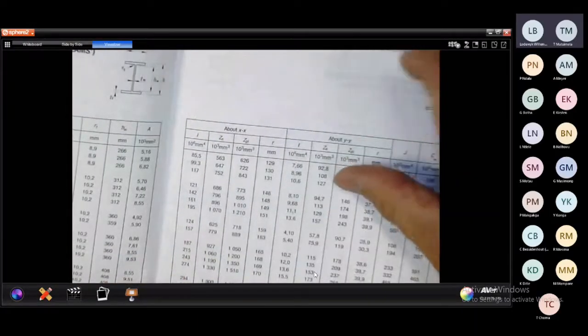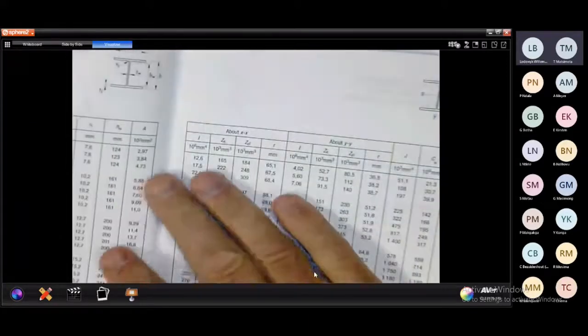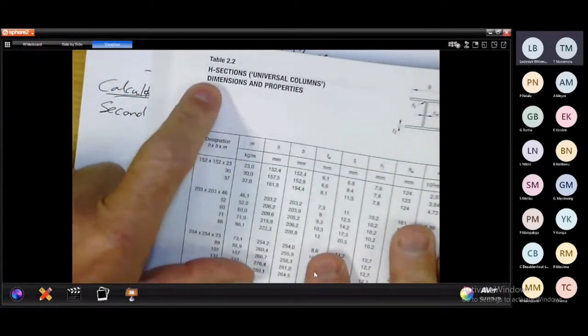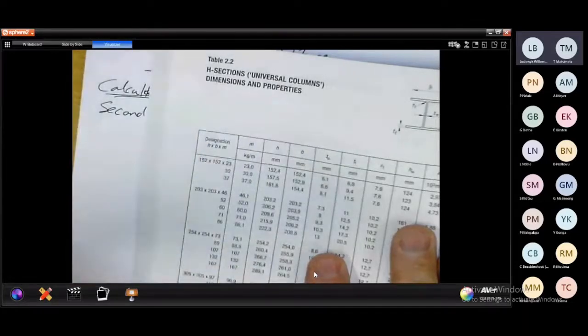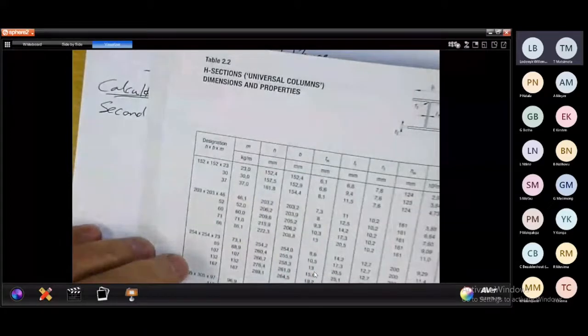If you turn to the next page, you will see there's a lot of I sections. Then at page 2.6, it is an H section. Depending on the problem, every time it will indicate to you which type of profile you must use.